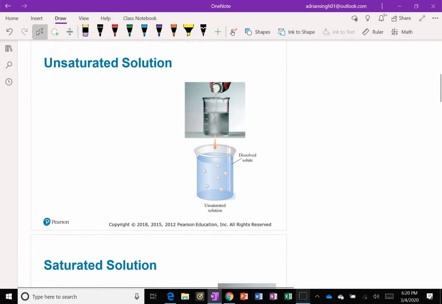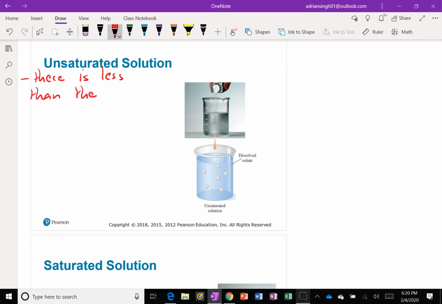So in an unsaturated solution, there is less than the maximum amount of solute dissolved. So what that means is if you added some more solute to the solution and you stirred it up, it will dissolve in there because there's room to add more to it. So unsaturated, less than the maximum amount.